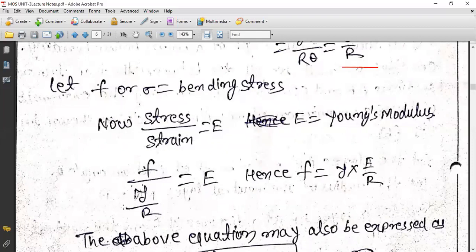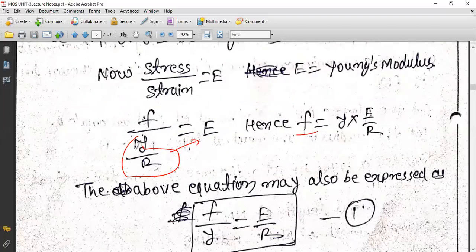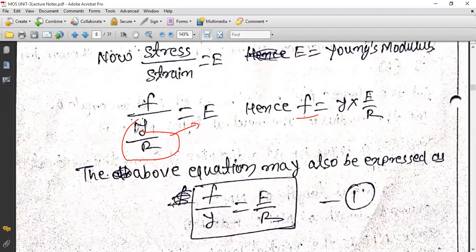This should be transmitted to here. So it becomes F is equal to Y upon R into E. The above equation can also be expressed in this form: if you transfer this here, F upon Y equals E upon R. So this is the first part of the bending equation we have done.